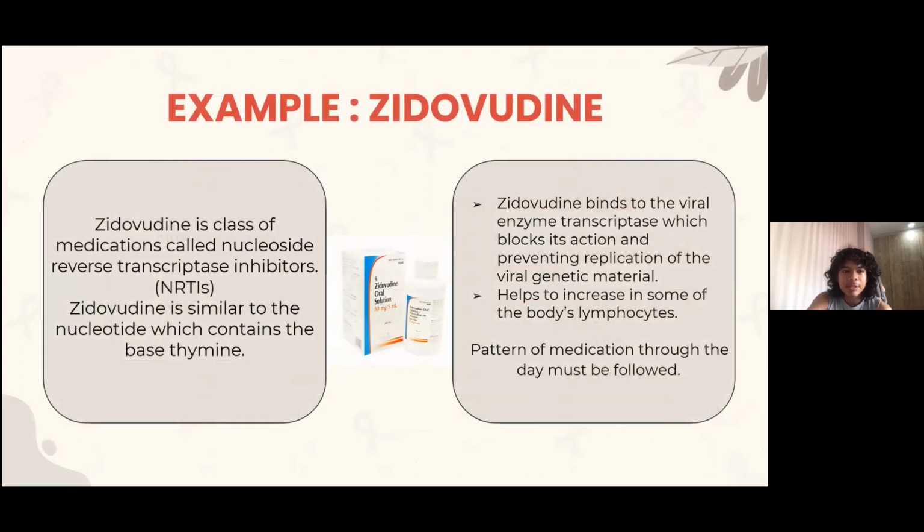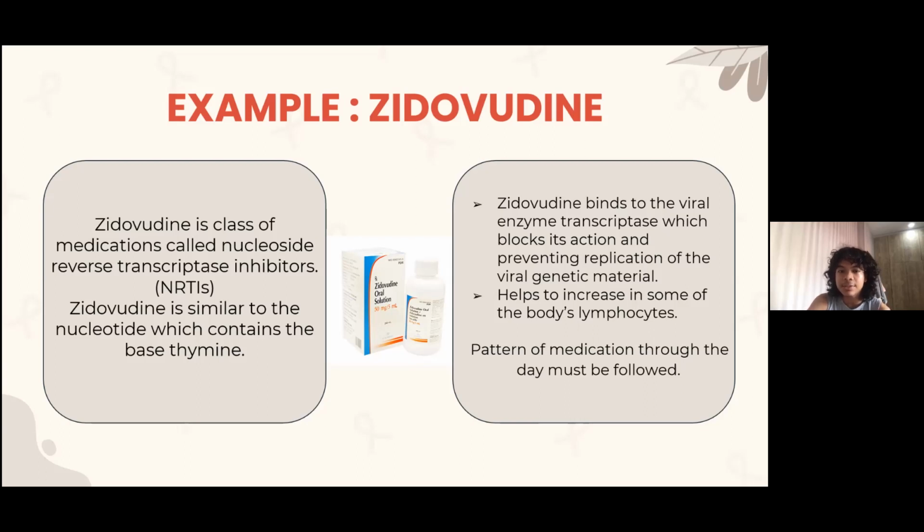For example, we have Zidovudine. Zidovudine is similar to the nucleotide that contains the base thymine. Zidovudine is in a class of medications called nucleoside reverse transcriptase inhibitors, or NRTIs for short. To summarize the mechanism for Zidovudine, it binds to the viral enzyme reverse transcriptase, which blocks its action and prevents replication of the viral genetic material.